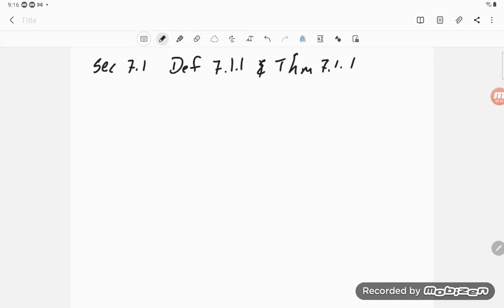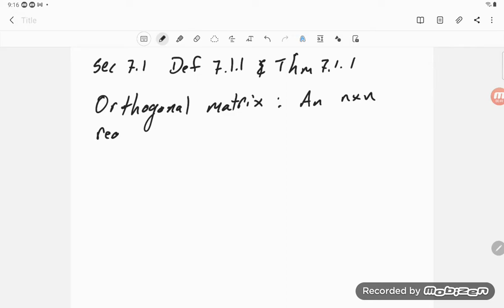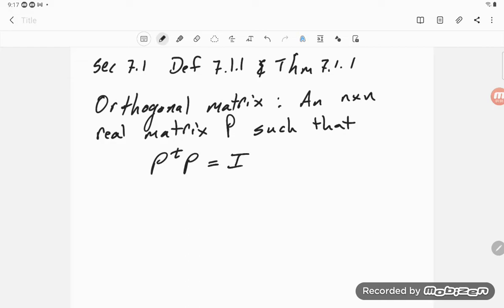Our definition of an orthogonal matrix: an orthogonal matrix is an n by n real valued matrix P such that its transpose is its inverse. So P transpose P is equal to the identity.